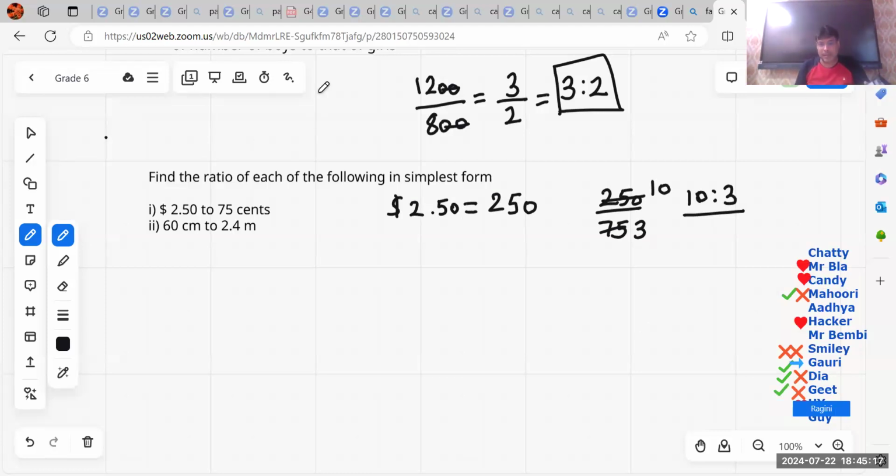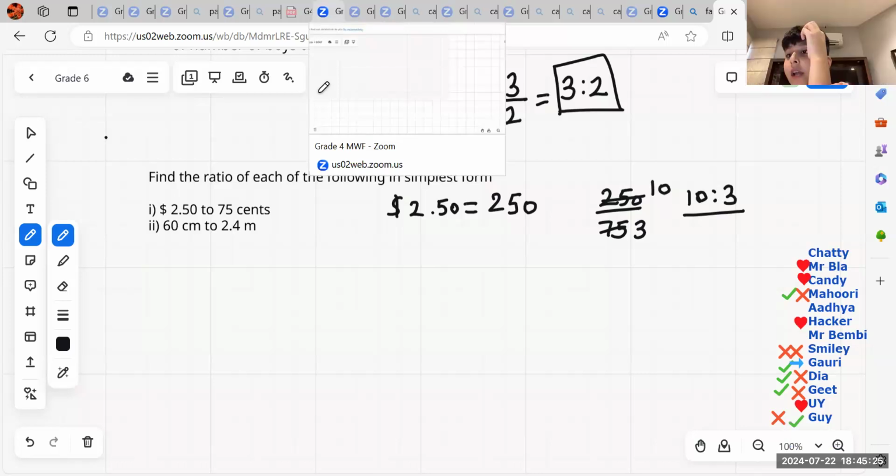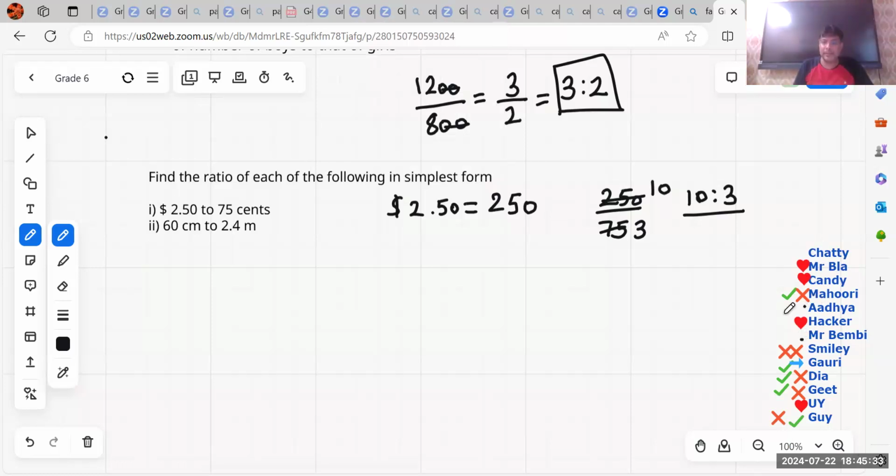So please solve the second question, those who have not sent the answer. So let's see. 2.4 meter will be how many centimeters?